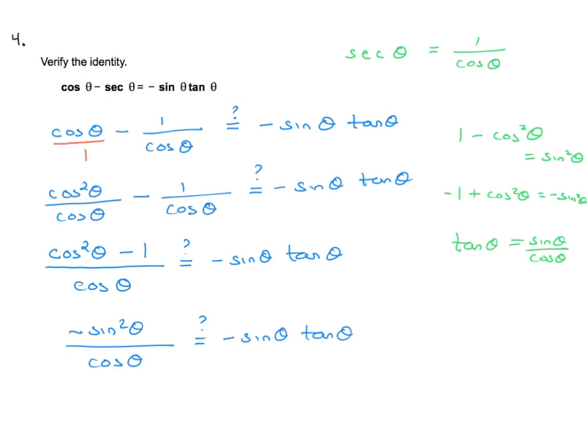I'm going to take the left side and write it as negative sine of theta, and then I'm going to break it apart so I don't have sine squared of theta, but so it's written like this. So sine squared is equivalent to this part here, and sine over cosine is tangent. So at this point, we have our negative sine of theta. Sine over cosine is tangent of theta. And we made the left side look like the right side. This verifies the identity.